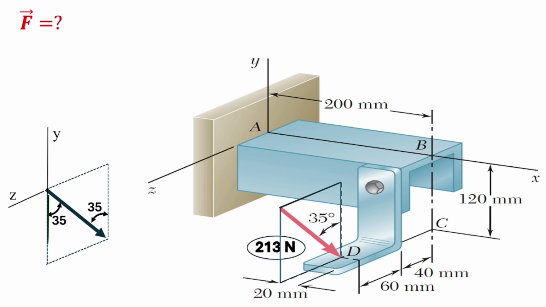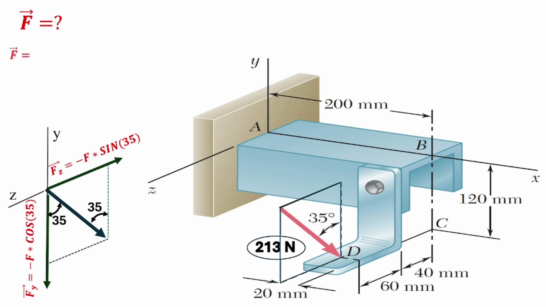Then we have that the force has component forms, which is Fy equal to minus F, that's the force, times cos 35, and also another component in the z-axis, which is going to be minus F sine 35. We must note that the reason these forces are negative is because they are acting in the opposite direction of both the y and the z-axis respectively.